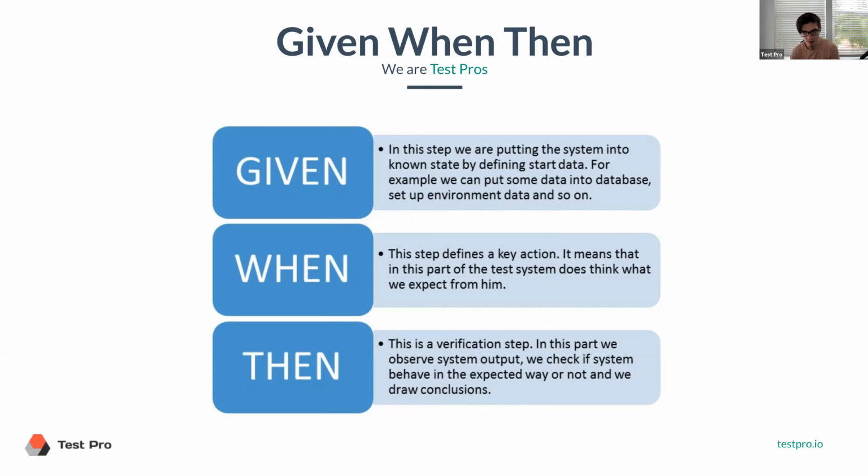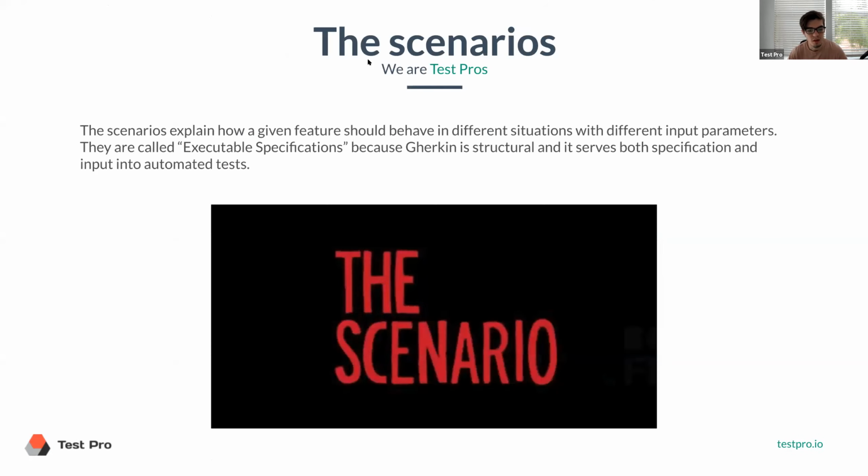And the then section is about the expected result. When we use assertions in our automation scripts, or expected results in the manual world, that's exactly the same thing as the then keyword here. In then, we only specify expected results. All right, so let's move on.